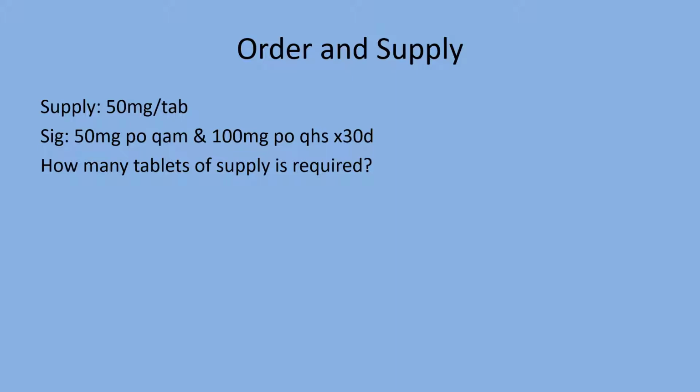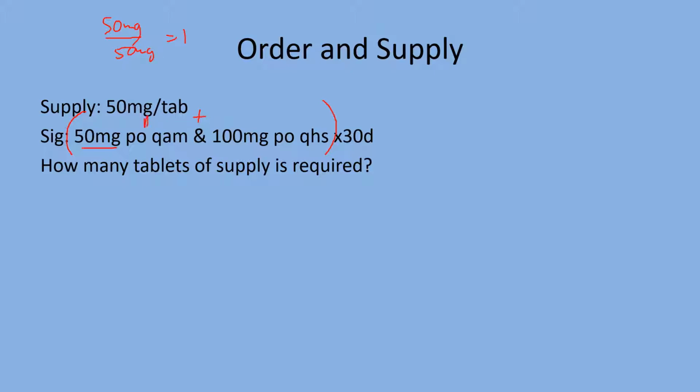What does "and" mean in math? 1 and 2 and 3, it means add, right? So before we multiply, we're going to have to add. Our tablets are 50 milligrams. How many tablets in the morning are you going to take? 1. Yeah, 50 milligrams is our order. Our supply is 50. So that's just one tablet.